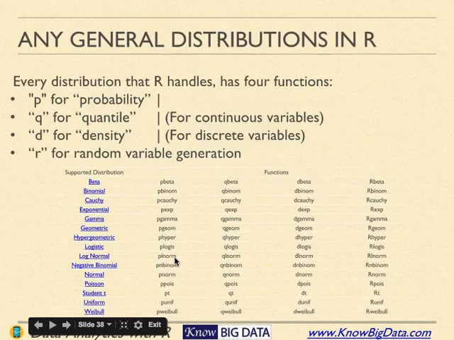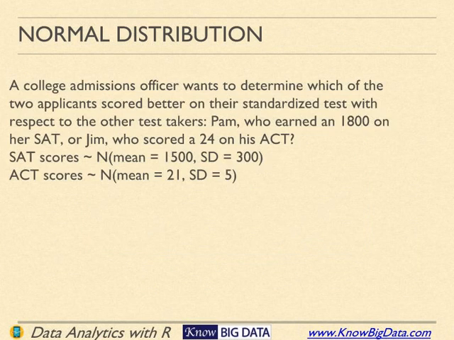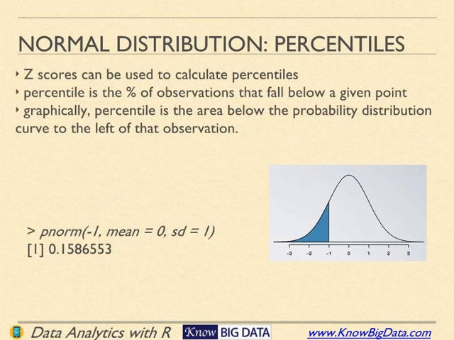That's what I was talking about when I said pnorm. So the Z score can be used to compute the percentile.